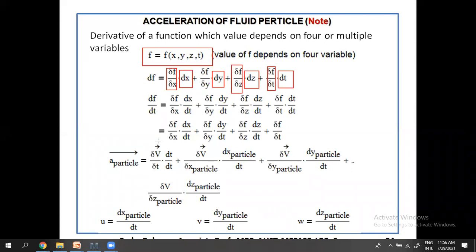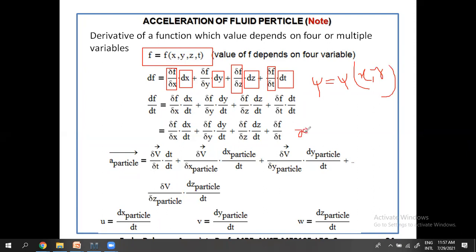So same thing. Instead of f, we have psi, that is, psi equals psi of x, y. So d psi will be which value?